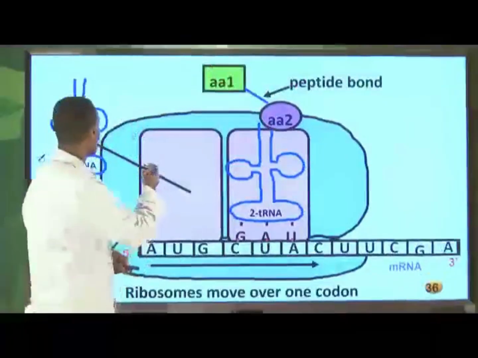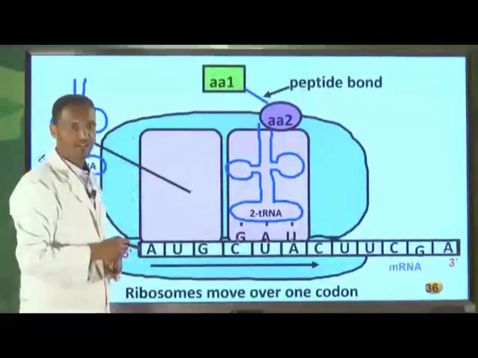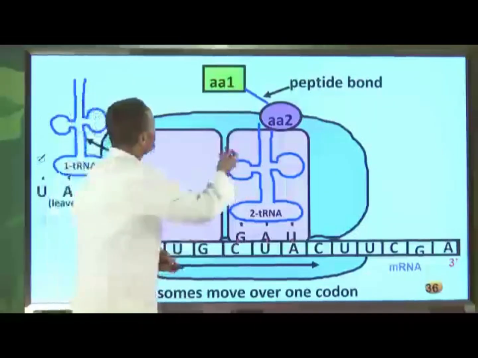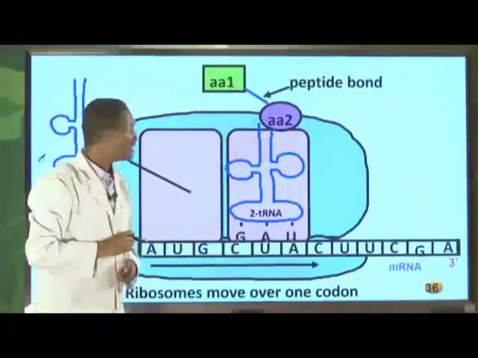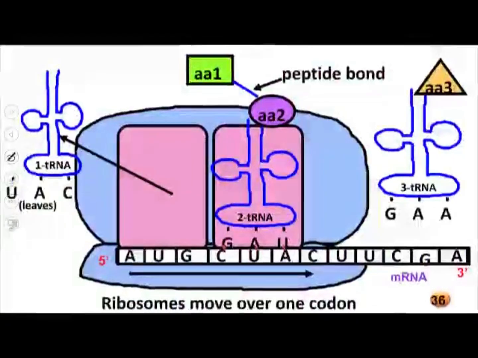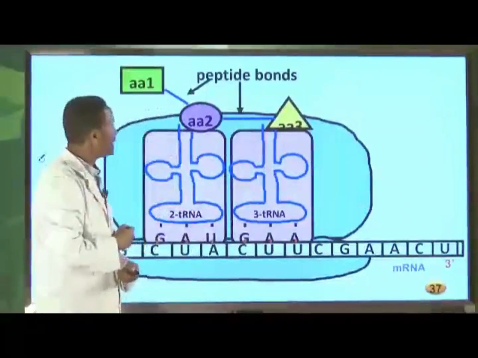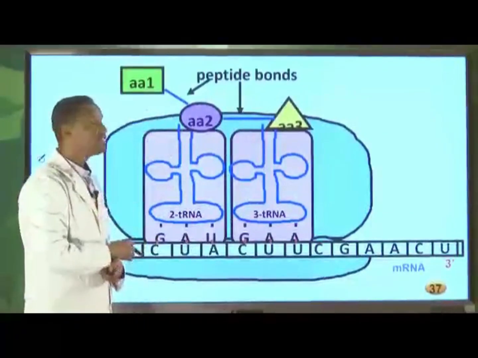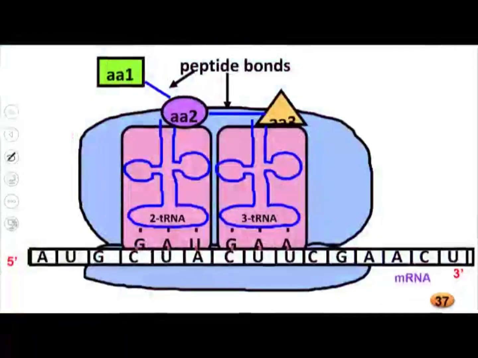Look, the first transfer RNA leaves the ribosome, its amino acid stays attached to the second amino acid, then the third transfer RNA brings the third amino acid and occupies its site. It proceeds in this way, bringing different amino acids together, and these amino acids are attached together by peptide bonds.